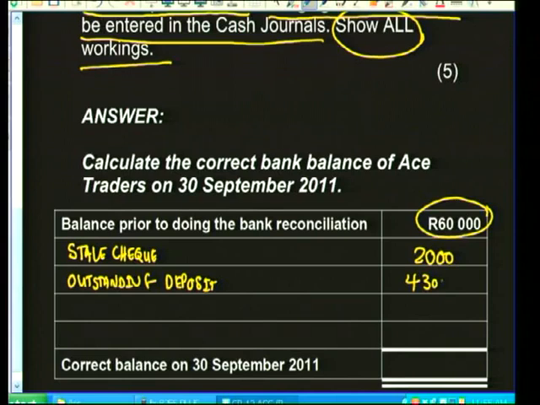So this 43,000 is actually an amount that is not appearing in the bank statement. It's not reflected there. So obviously, for you to find out your bank balance, you need to take cognizance of this 43,000 and tell yourself, right, it's not there, so obviously you're going to reduce this balance, take it out of here, or remember, you could put a minus sign also to indicate, as long as you are giving an indication of what you are doing with the 43,000. So that's your outstanding deposit.